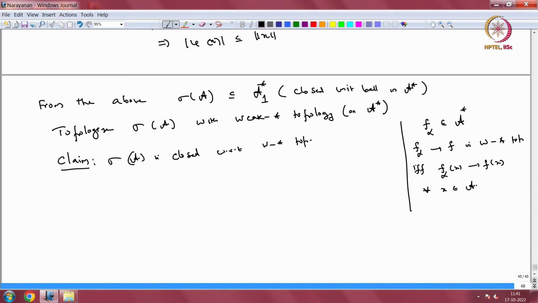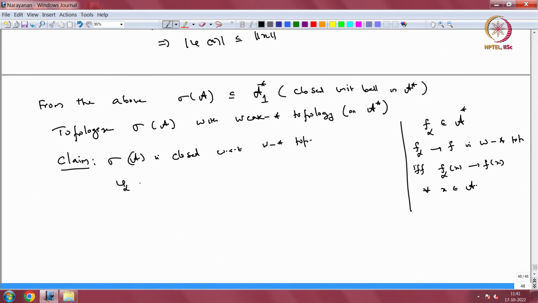So, to show that sigma A is closed with respect to weak star topology: if you have continuous linear functionals converging pointwise to something, then the limit is a continuous linear functional, from the uniform boundedness principle. The only thing that is missing is the multiplicative property, but that is trivial, right.